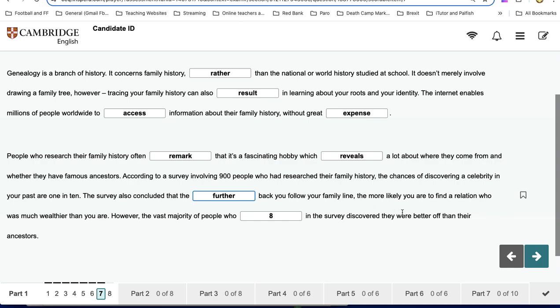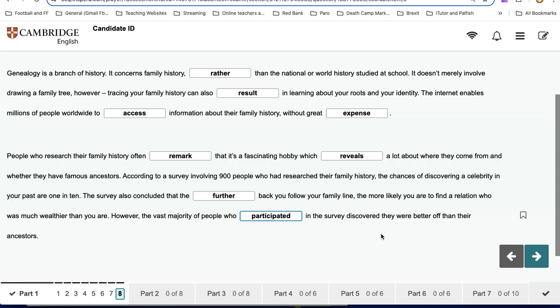However, the vast majority of people who in the survey, what do we think here? Who took part in the survey, who attended in the survey, participated in, included in, associated in. Okay, that's pretty easy, I think. There's only one which is correct, participated in.